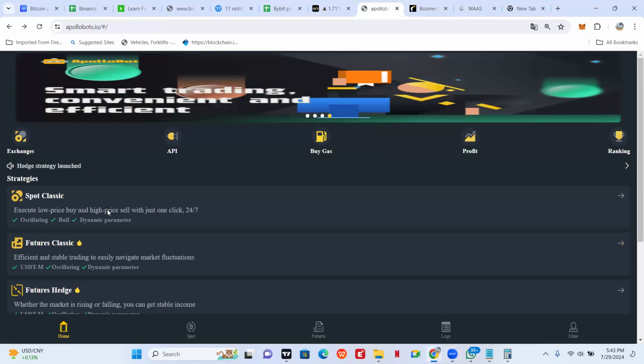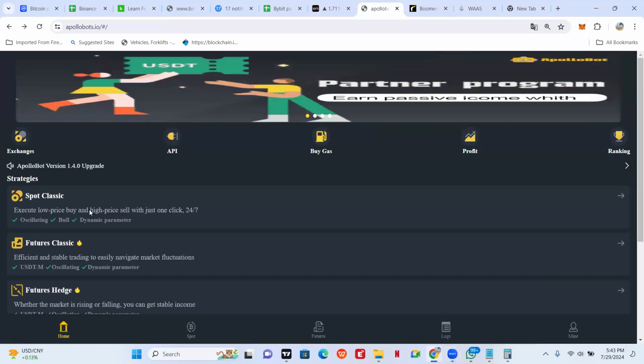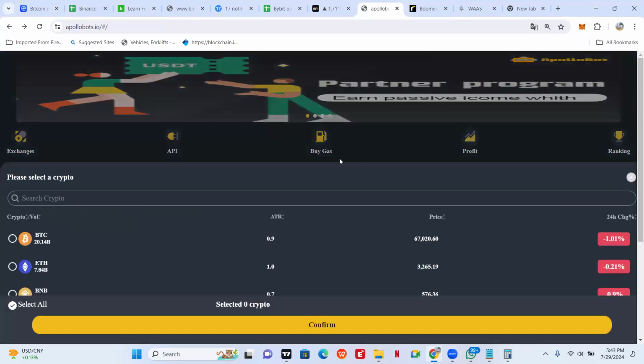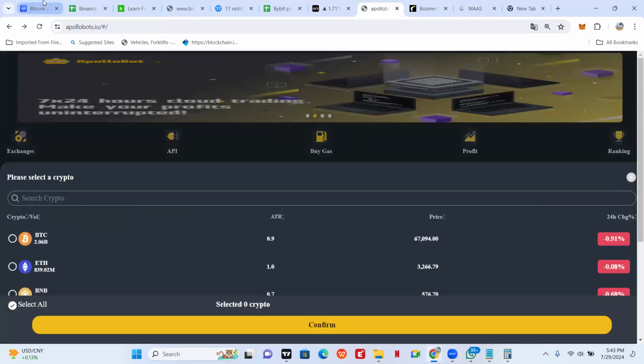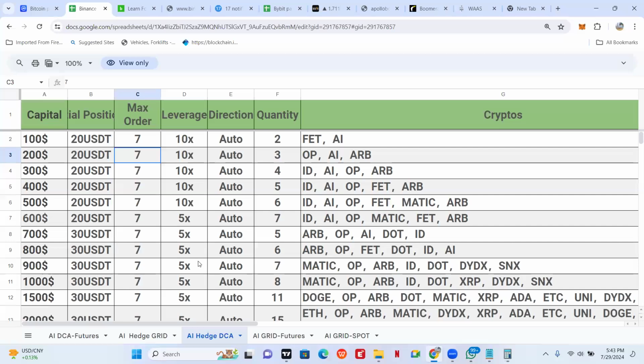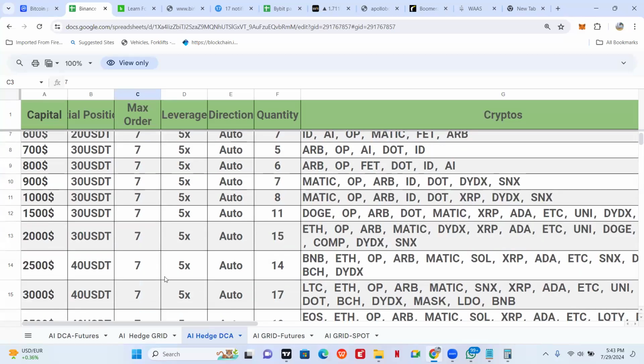So to set up your sports, you always come to Sports Classic. You can see Sports Classic here. At the same recommended sheets, you look at your sheets and you pick for sports. Look at it here, AI Grid Sports.